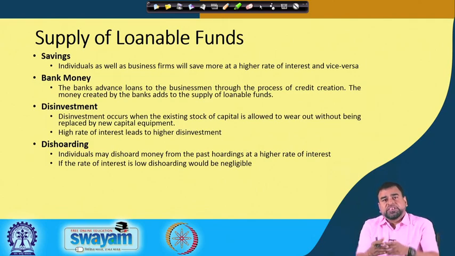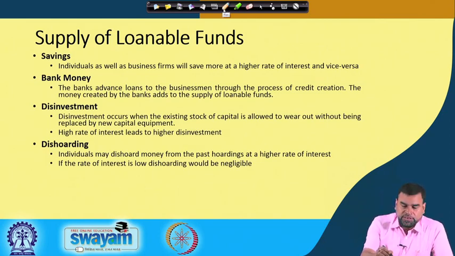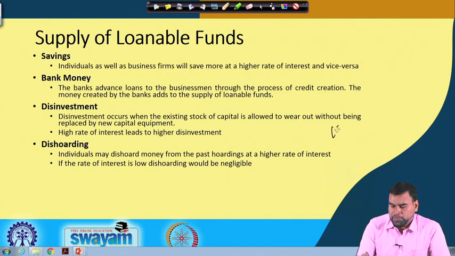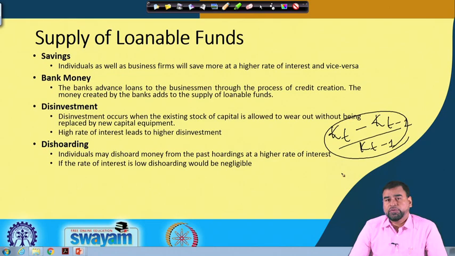In that case the investment goes down. Change in capital is nothing but investment. If you define it in the real sense, investment is (K_t minus K_{t-1}) divided by K_{t-1}, that is, the change in capital. This is the way investment is defined.